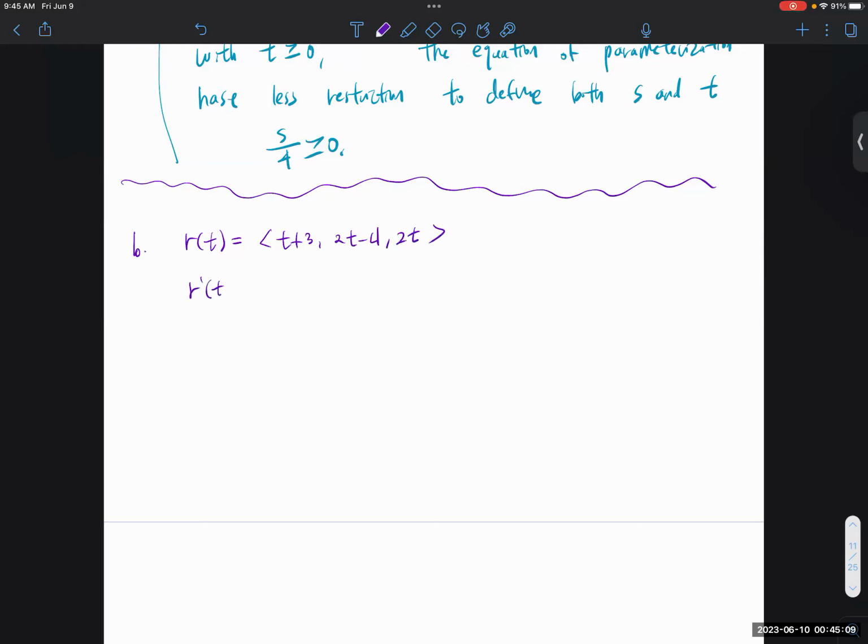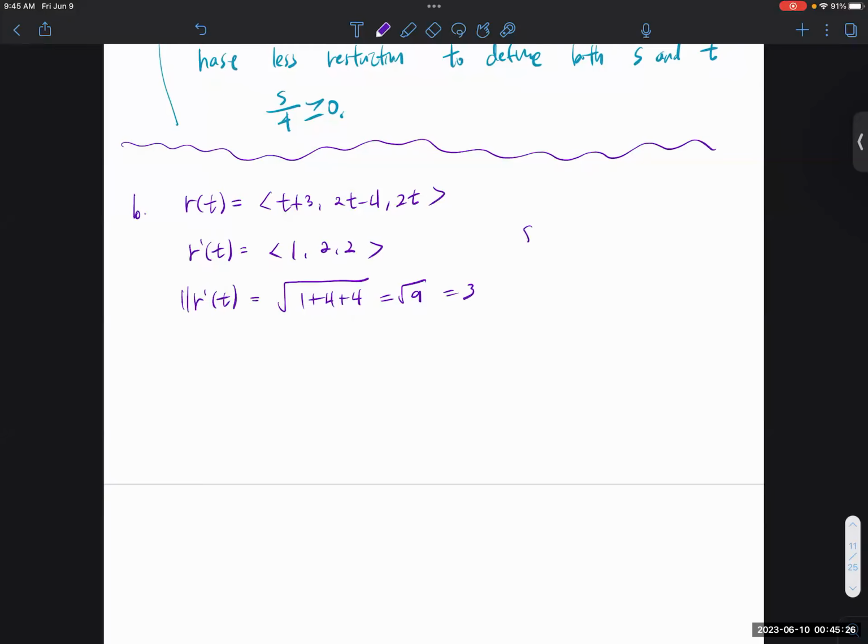So r prime is 1, 2, 2, and the magnitude of r prime of t will be the square root of 1 plus 4 plus 4, radical 9, which is 3.